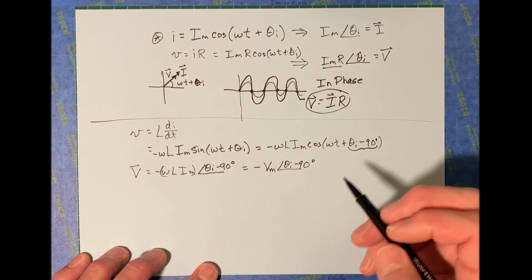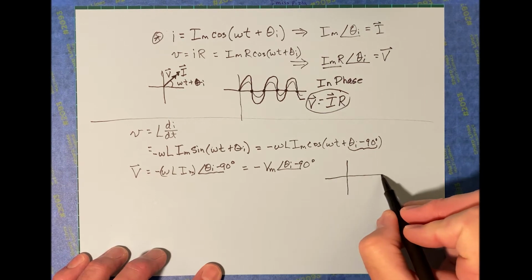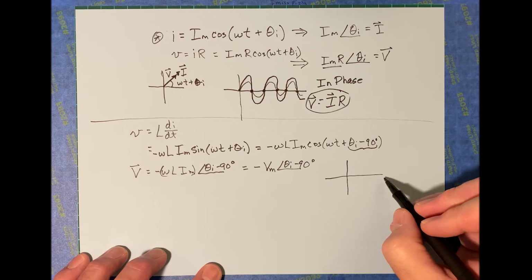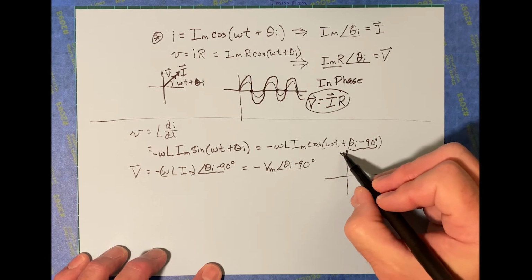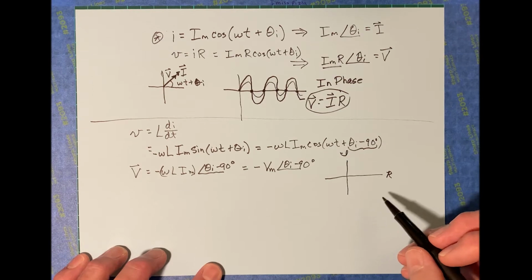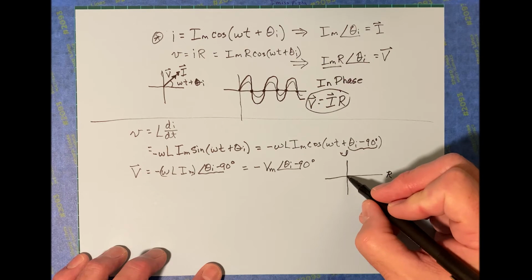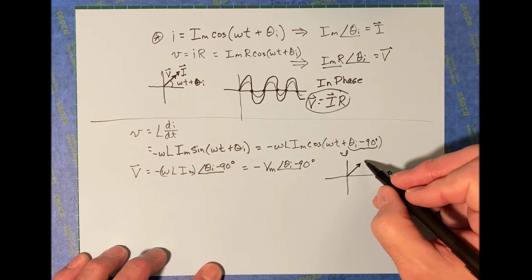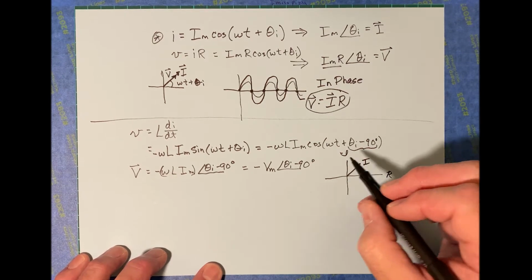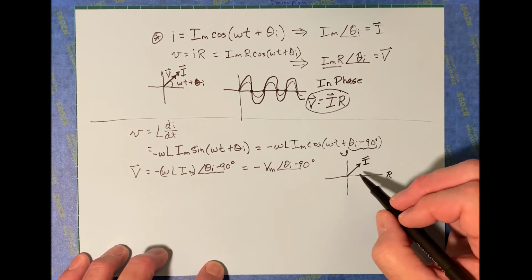Now, if we were to plot that on this complex plane right here, probably a good way to think about this, this is the real axis and this is the imaginary axis. And if I were to plot the I, let's just pick some spot out here. Remember, it's going to turn as time goes by, but let's say that that's I, the length of that is going to be I sub m, but that's phasor I right there.